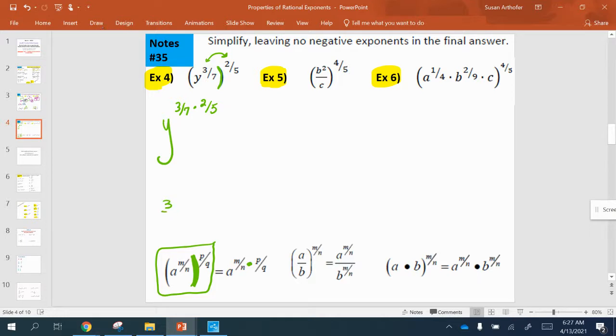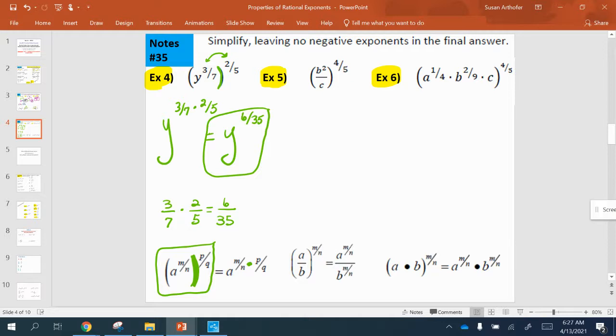When you multiply fractions, you go straight across, tops and bottoms. 3 times 2 is 6. 7 times 5 is 35. Check to see if you can reduce. You cannot, so you're done. So the final answer here is y to the 6/35. You're just multiplying the exponents.